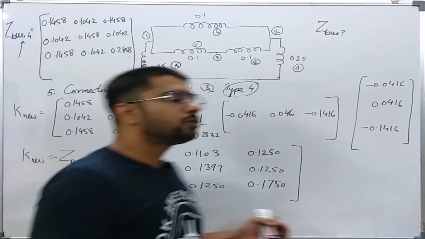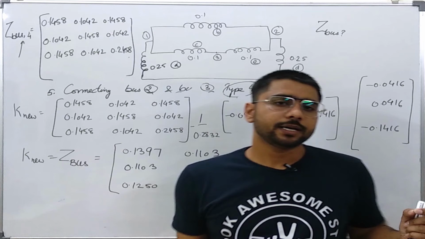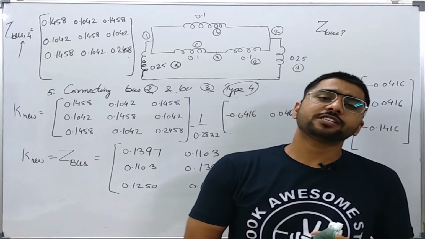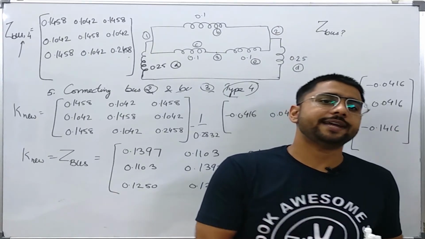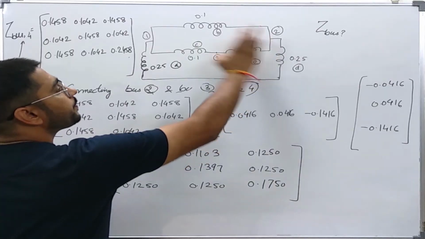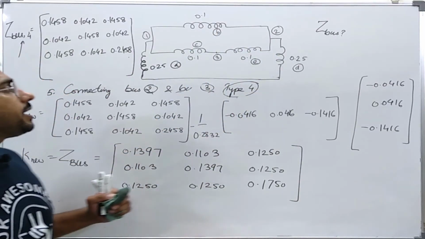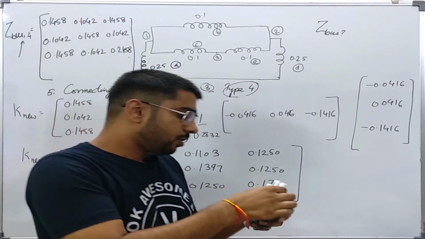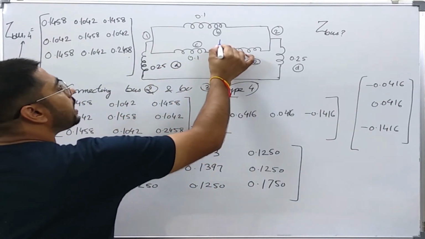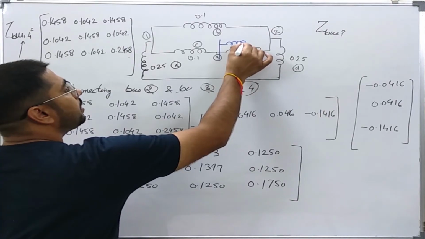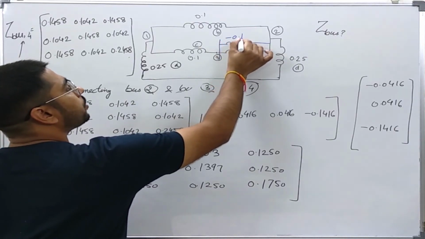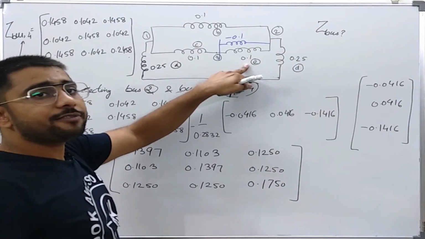Now to show you one of the concepts, what happens to the bus impedance matrix when we remove one of the lines. Let us say I want to remove this line. Removing this line is simply equivalent to adding a line in parallel which has an impedance equal and opposite to the line being removed.